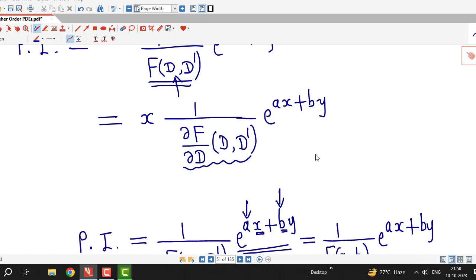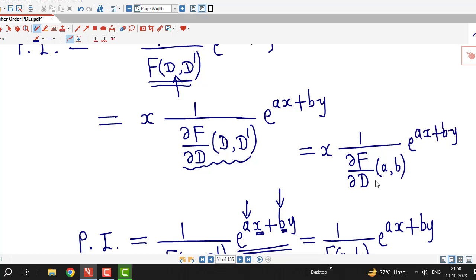If after putting D equal to a and D' equal to b this quantity remains non-zero, that is, the first order partial derivative of capital F with respect to D at the point (a,b) remains non-zero, then this is going to be the particular integral or particular solution.